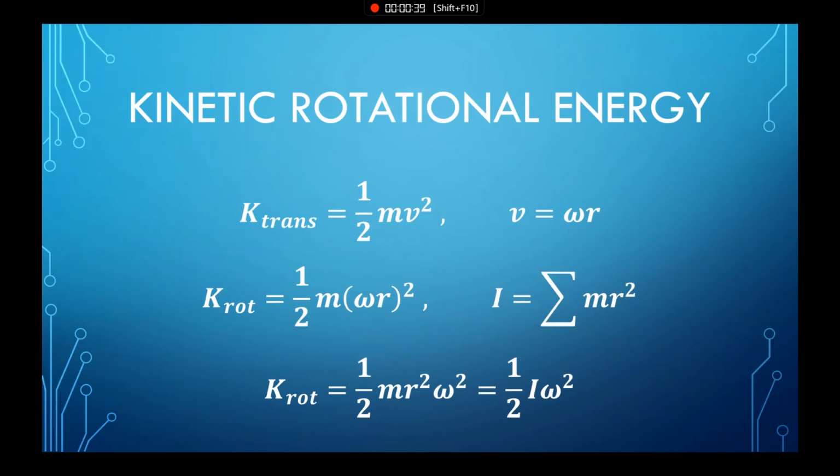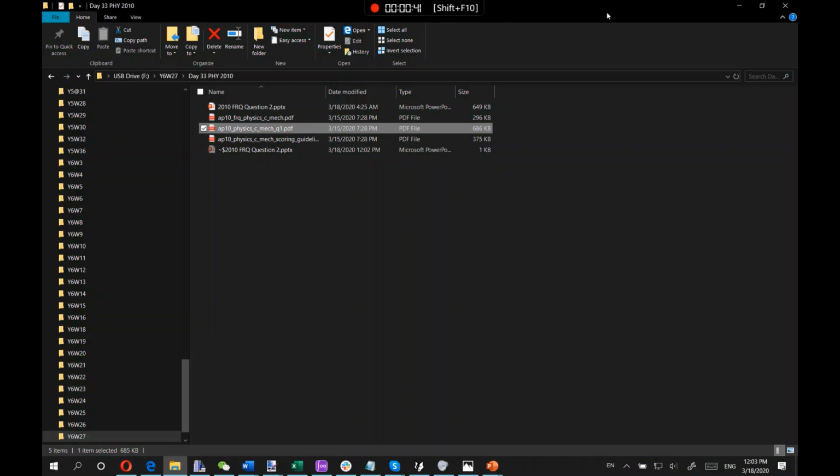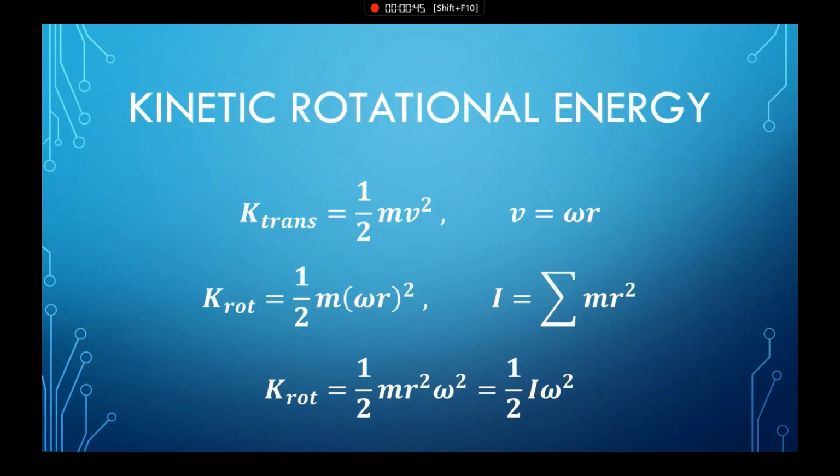So quickly to review. Our formula for kinetic energy is 1/2 mv squared. Because our angular velocity is v over r, I could say that v is wr.